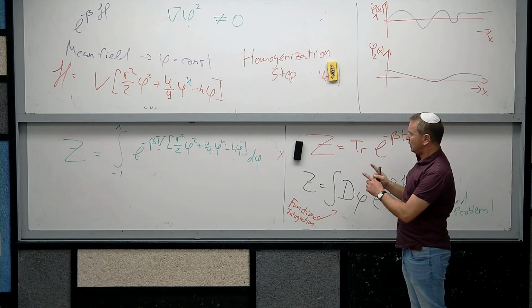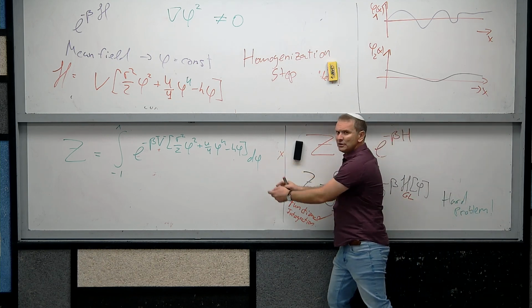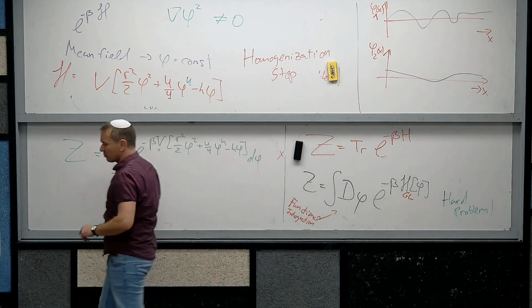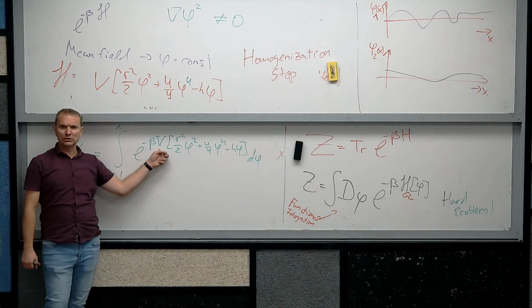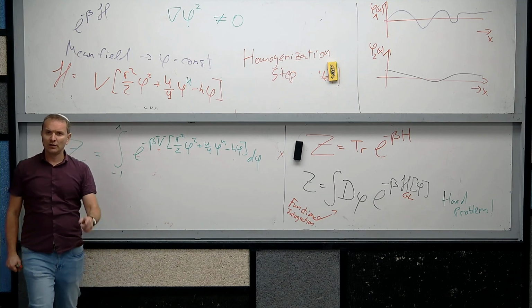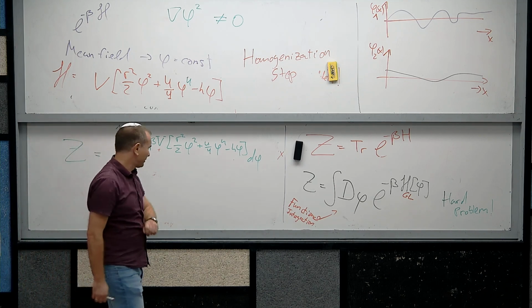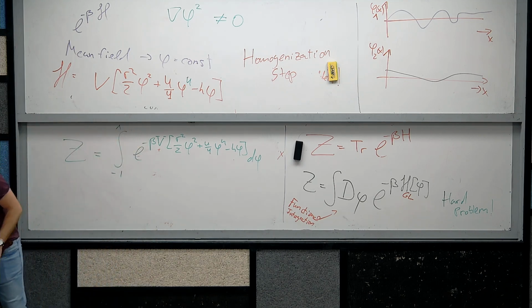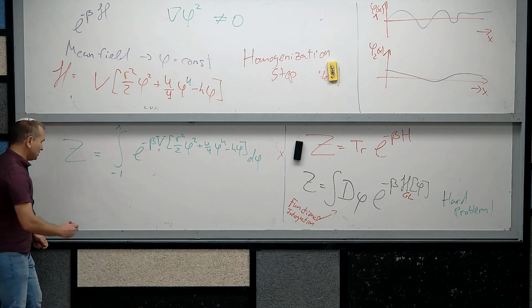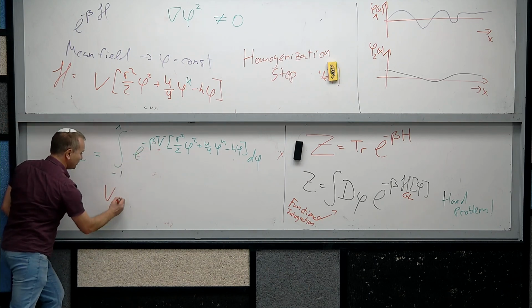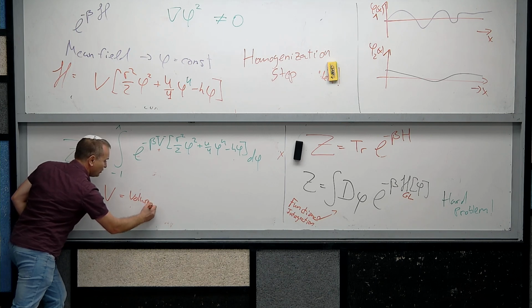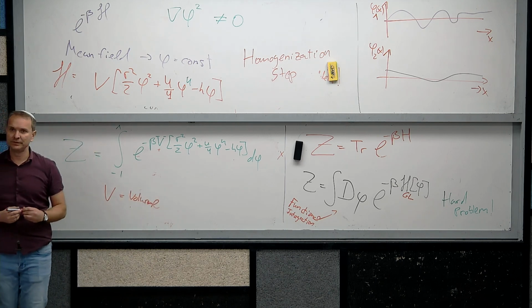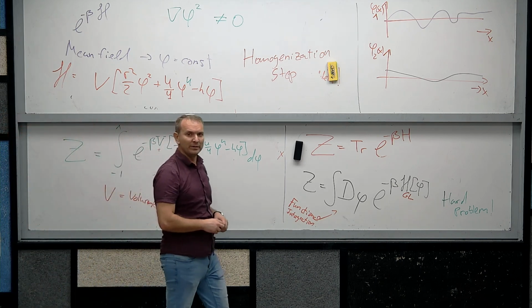Now, the second part. You can say, well, still, Stas, I don't really know how to exactly solve this integral. But actually I do. Why do I know how to solve it? Because what is V? V is the volume of my system.